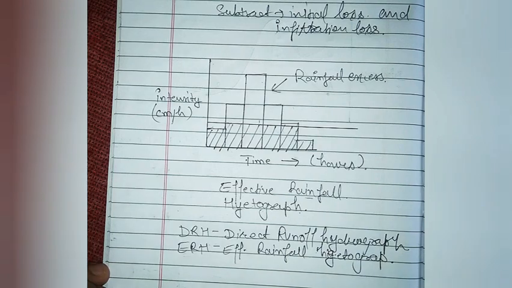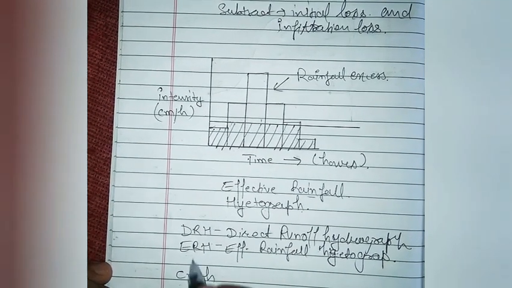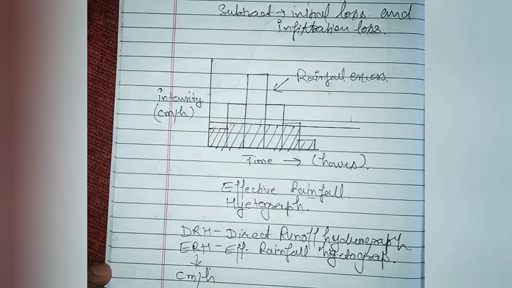Since ERH is usually expressed in centimeter per hour, it is plotted against time. The area of ERH multiplied by the catchment area gives the total direct runoff.